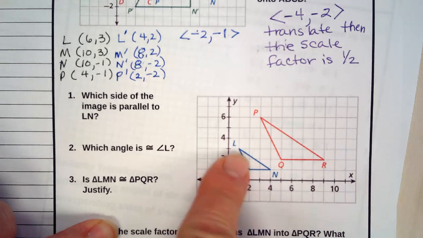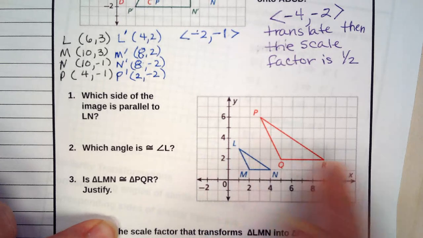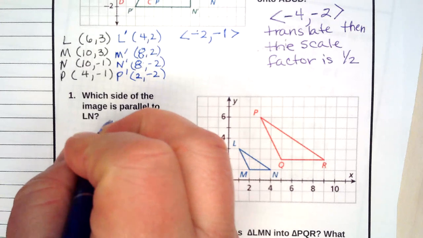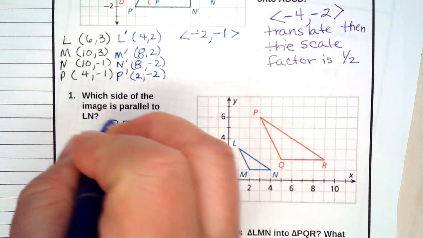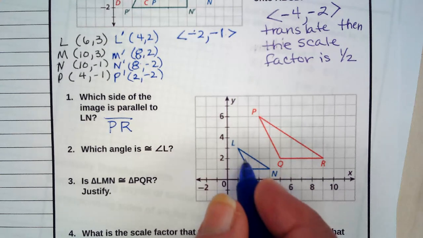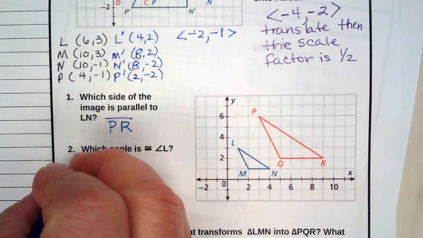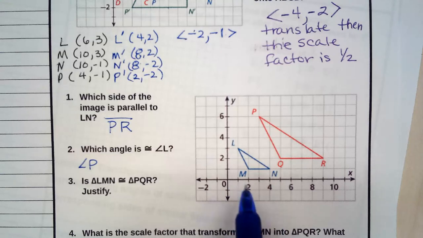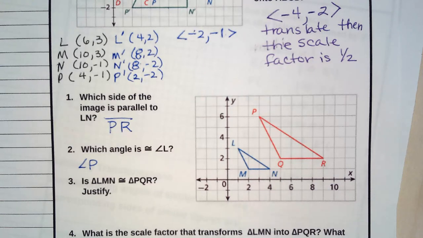So it would be this side, which would be PR. Okay, which angle is congruent to angle L? Angle L and angle P. How would we show that? Well, we would look at using one of the sine, cosine, or trig functions.